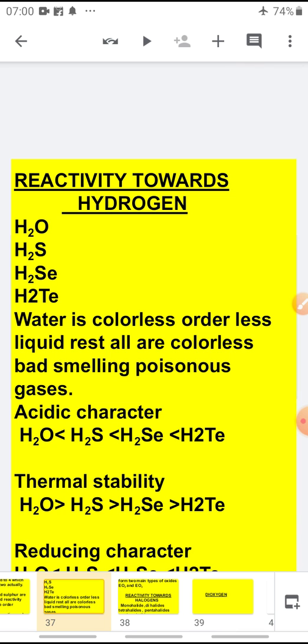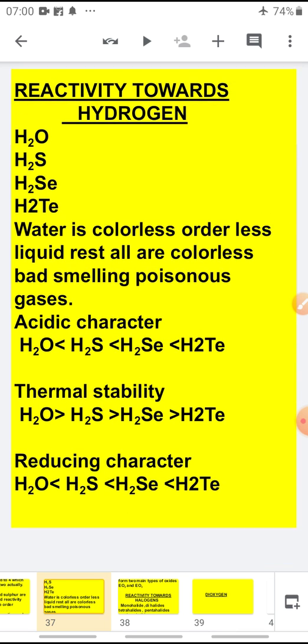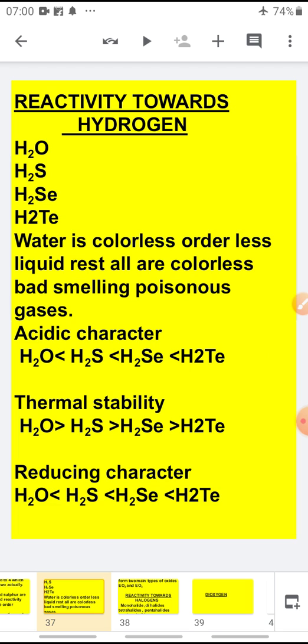Now children, let us see the reactivity of these elements towards hydrogen. They combine with hydrogen and form H2O, H2S, H2Se and H2Te type of compounds.